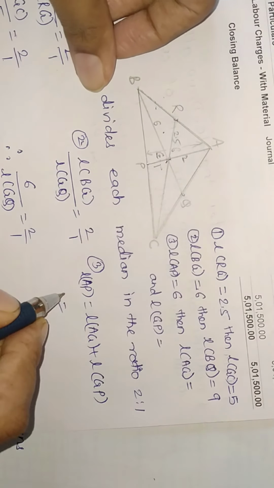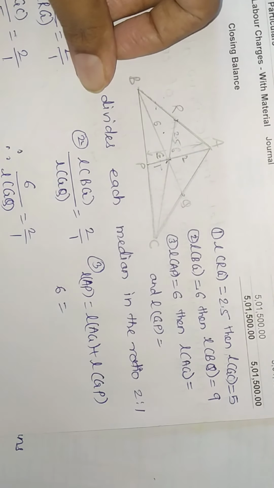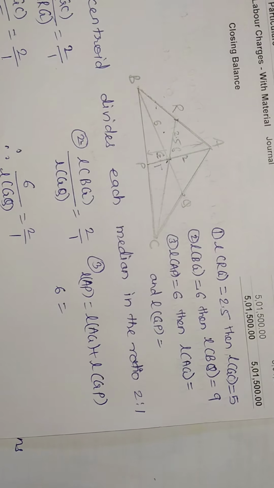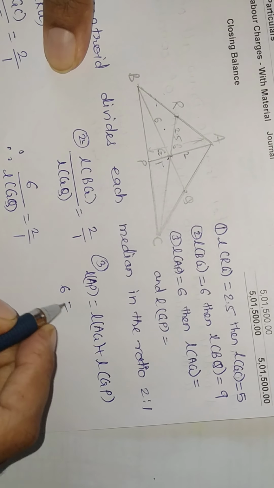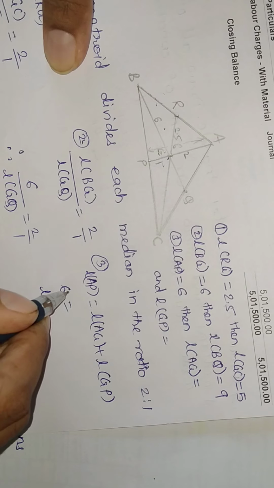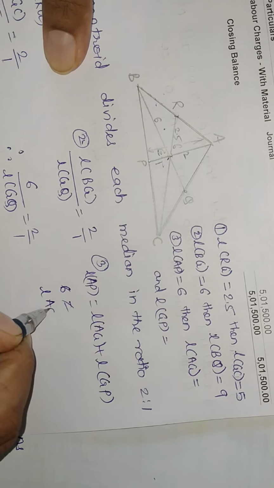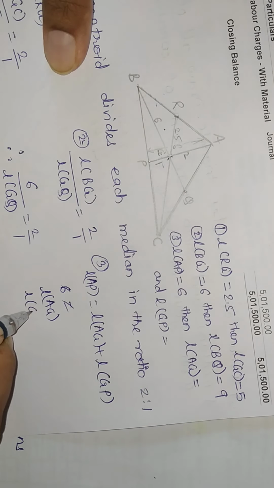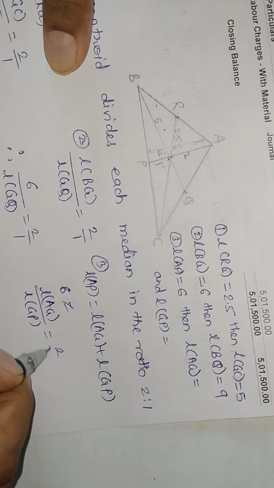AP is given 6, and see ratio length of AG upon length of GP is equal to 2:1.